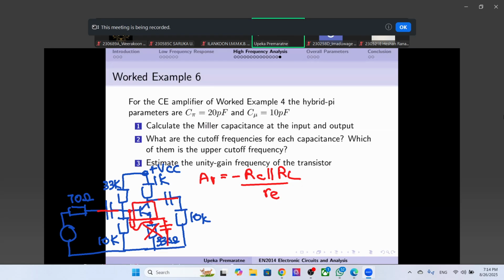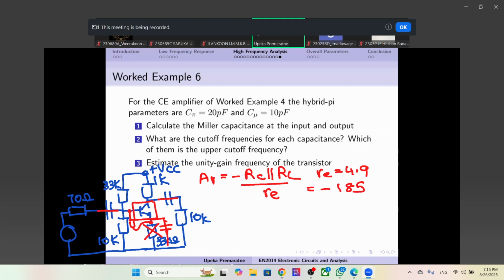RE is 4.9, and the gain, we previously calculated this to be minus 185.